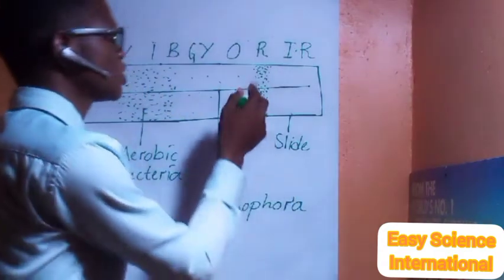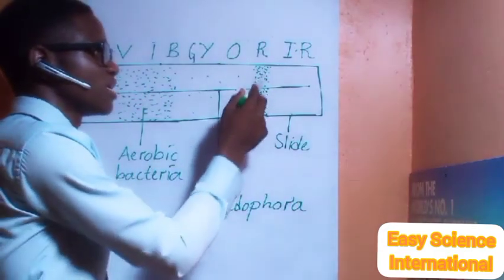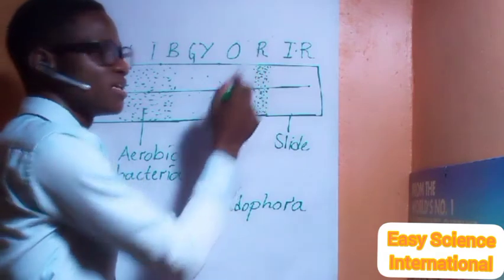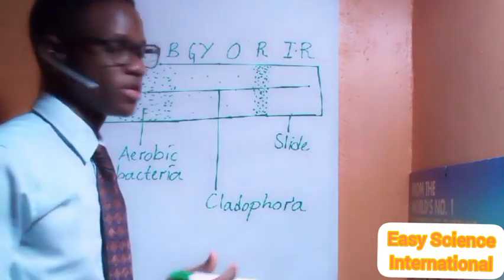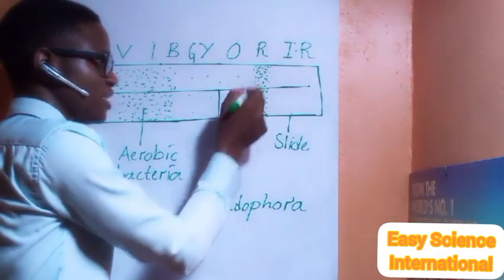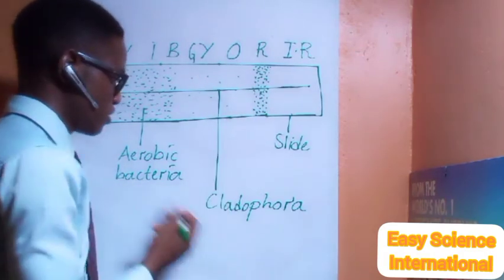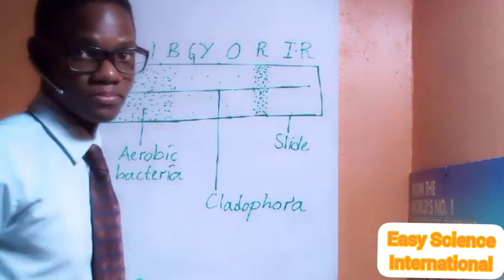And they also cluster in another region, which is the red region. When you expose the red light, you find that there is another cluster of aerobic bacteria.